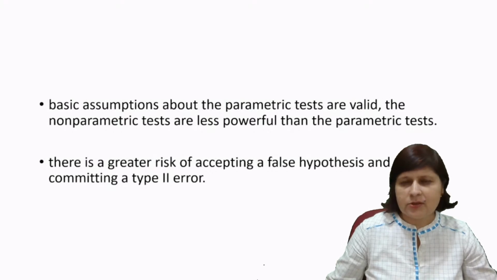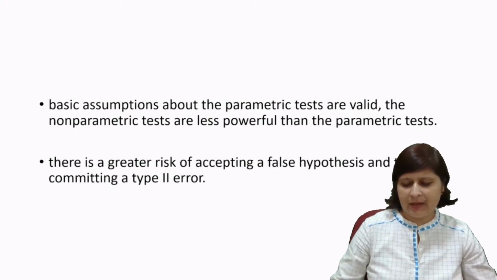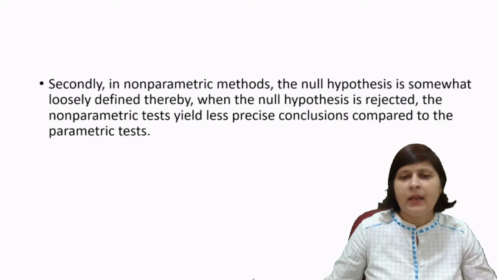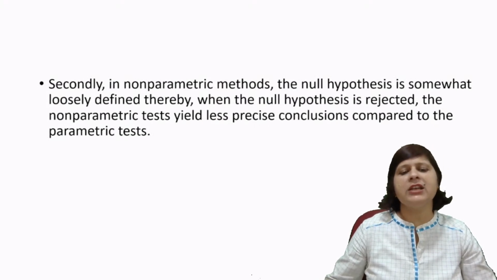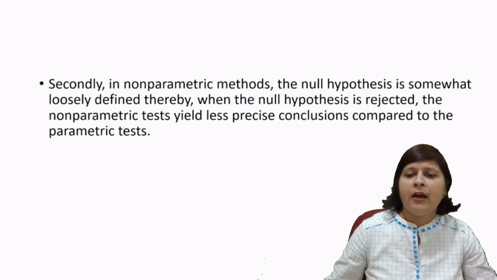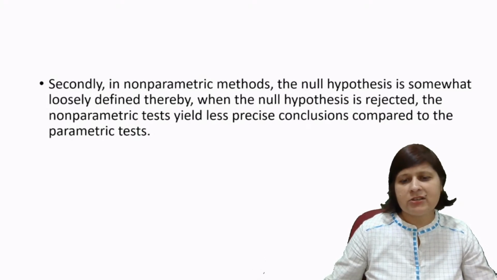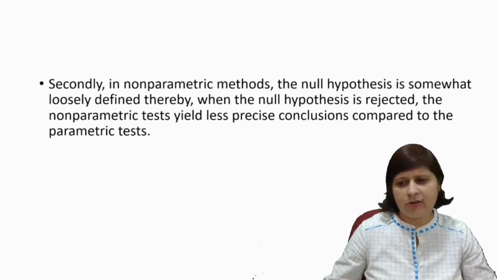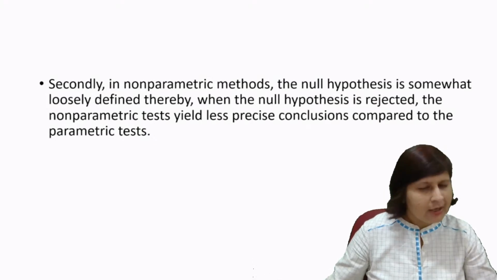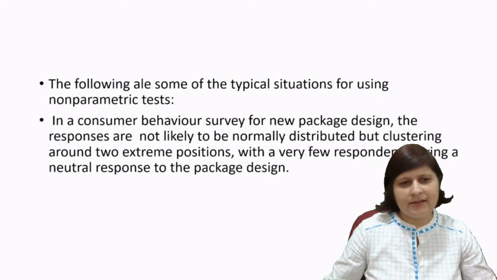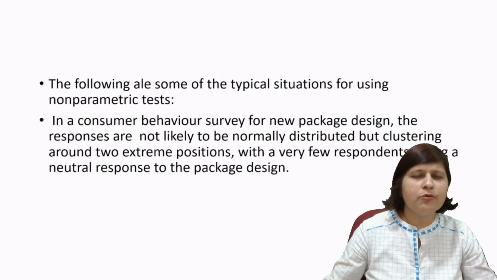When the hypothesis is not correct, again you are accepting the hypothesis. In non-parametric methods, the null hypothesis is somewhat loosely defined. Thereby, when the null hypothesis is rejected, the non-parametric test yields a less precise conclusion compared to the parametric test. It means you cannot generalize the results because the hypothesis is loosely defined.